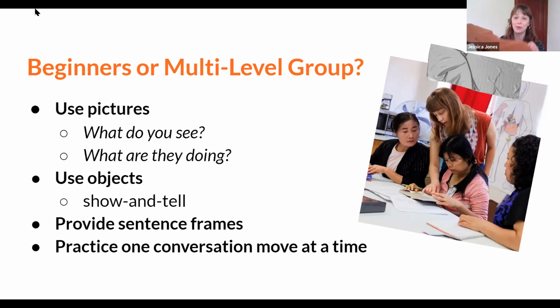So for example, if my object was this sweater, I'd hold it up and make sure that everybody could see it well, right? I might put it on, and then I'd say, sweater, orange, soft.